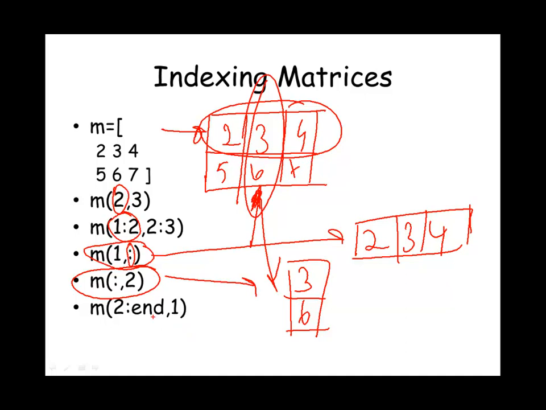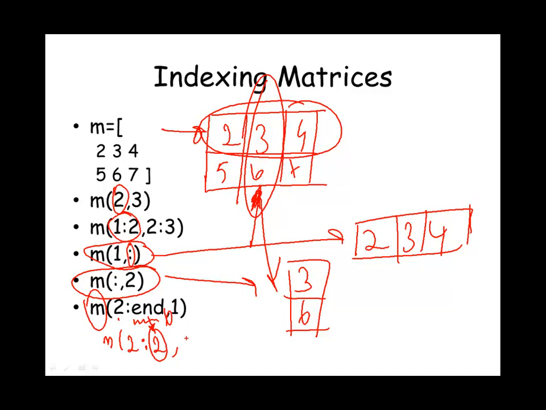In the last example, we see another special keyword, end. End will be replaced with the number of rows if it is on the left-hand side, or the number of columns if it's on the right-hand side of the comma. So in this case, since variable M contains only 2 rows, this is equivalent to saying M(2, 2:2). Notice that I replaced the end keyword with the number of rows I have in the variable M, which is 2.